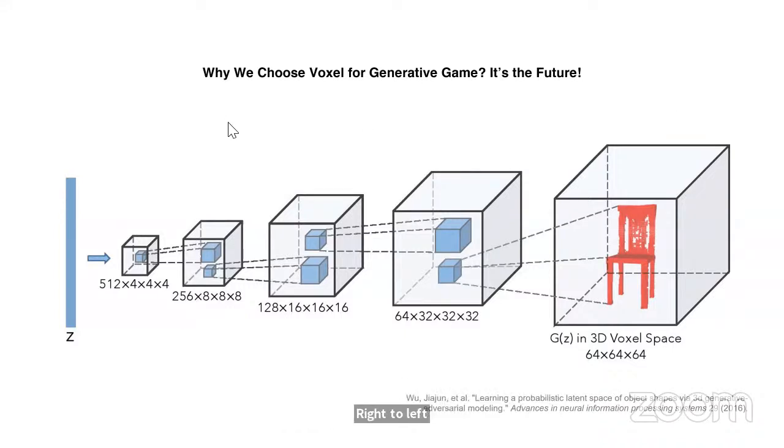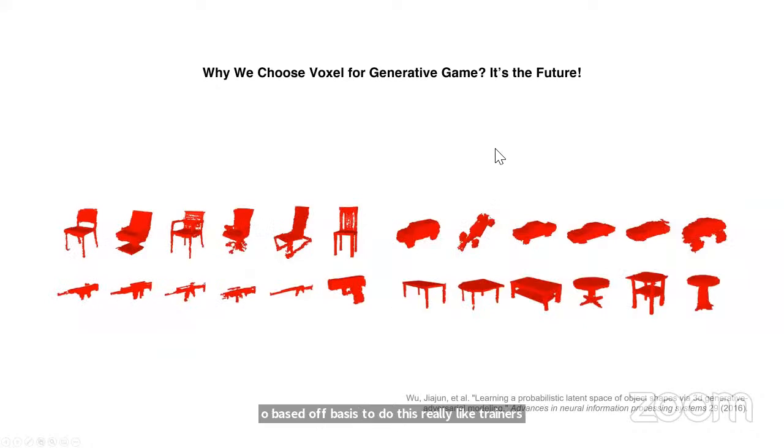So yeah, the voxel format is very suitable for this scenario, and you can very easily compress the data embedded in your 3D models into high-level latent vectors, in this case the latent vector Z. So that's why it's very easy for us to use voxel-based methods to do the 3D training. But there are also some drawbacks of using voxels.